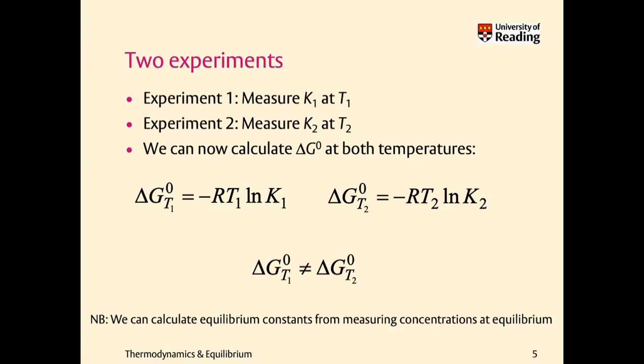We can now easily calculate the change in Gibbs free energy, delta G, at both temperatures using this equation. So we can calculate delta G at T1 using the experiment 1 data, or delta G at T2 using the experiment 2 data. We're not assuming that delta G is the same at different temperatures. We know that it will not be.